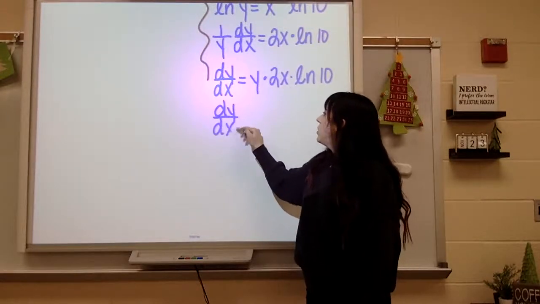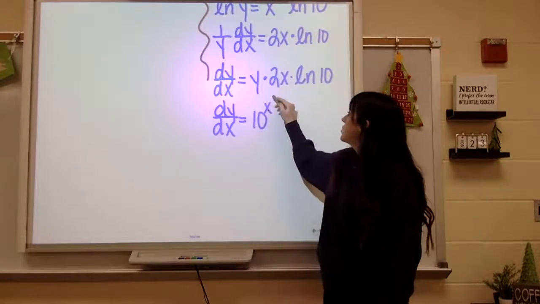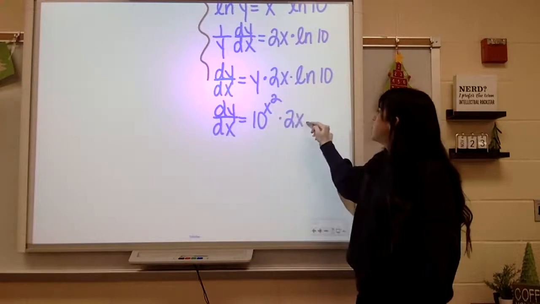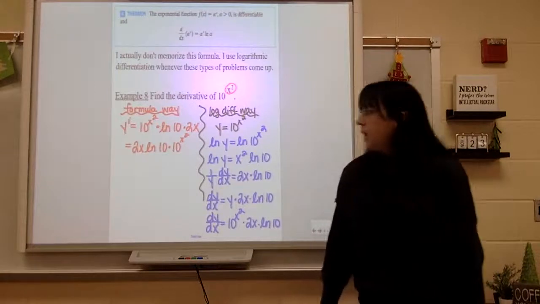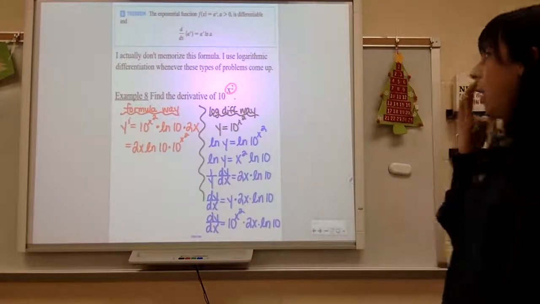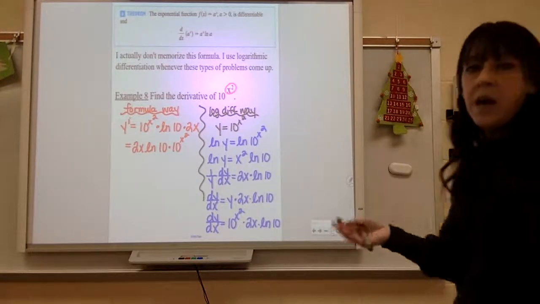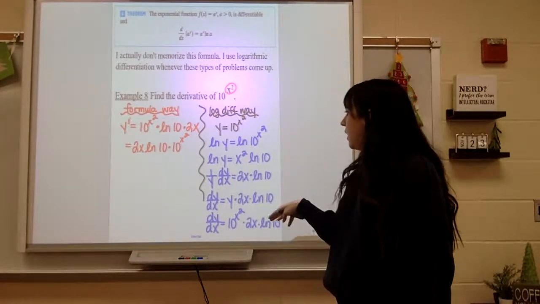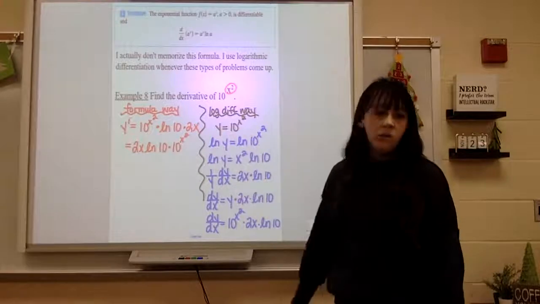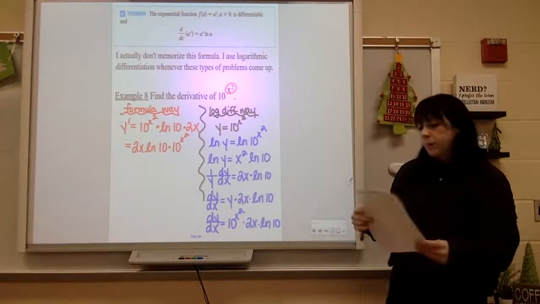So my derivative would be 10 to the x squared power times 2x times ln of 10. So same answer on both sides. They're in a different order, but either method works. Again, I prefer not to memorize formulas. So I like the right side, but the left side is fine too. So up to you.